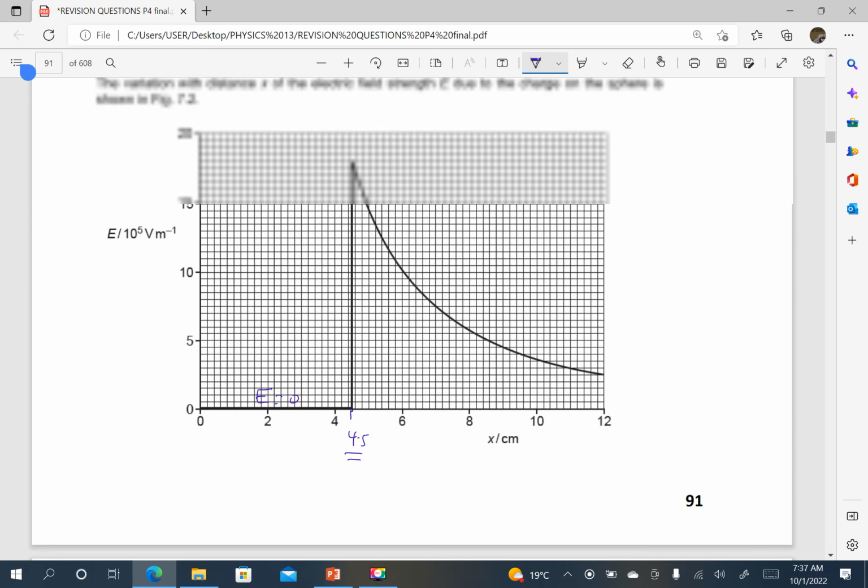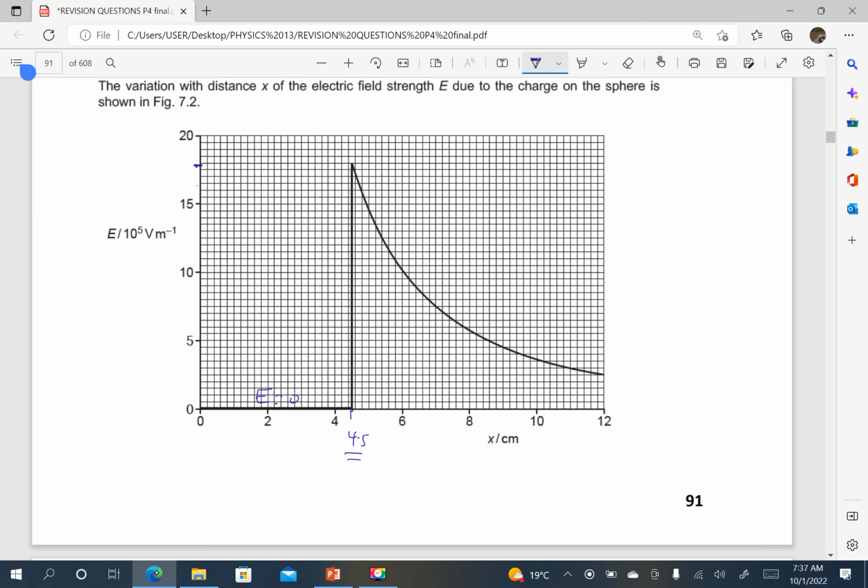At 8.0, we are somewhere here in the middle of the box. So if the scale is 0.5, it is plus 1.5 boxes.